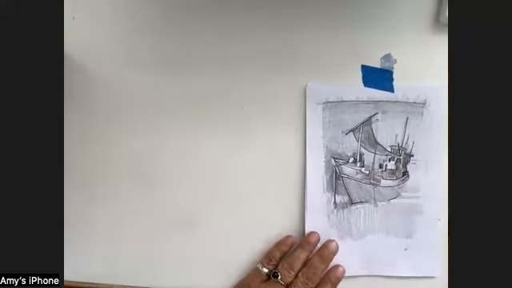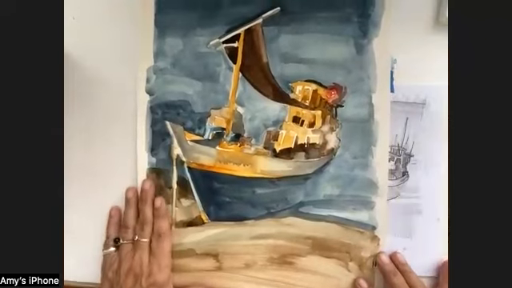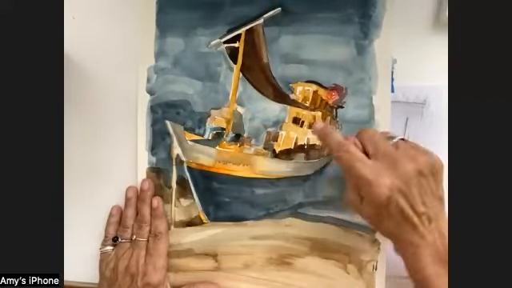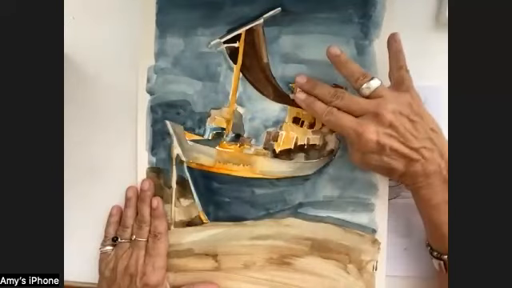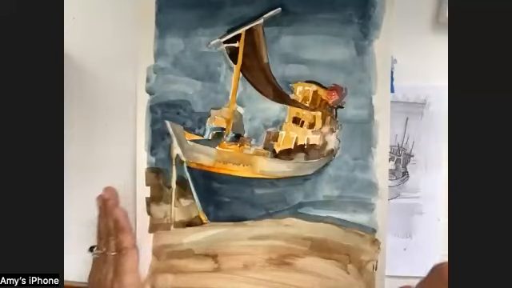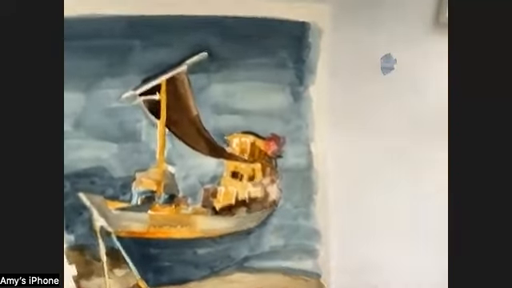And I'm going to have to do several layers to pull that off. So I'm just going to show you. Oh, look at this. This is my first layer. So everything's going to get darker, except for just this one side of the boat and the front. Anyway, I'm very excited. I'll share this with you as it goes along.